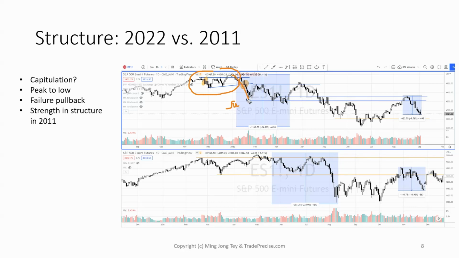This is a distribution, and then we have a redistribution. This is an upthrust after distribution, and subsequently a breakdown, and then eventually we sort of got a localized climax, but not so much capitulation. And we have this trading range. So far, this trading range is still working, and we can still say it's consolidating within this trading range despite the failure right here.